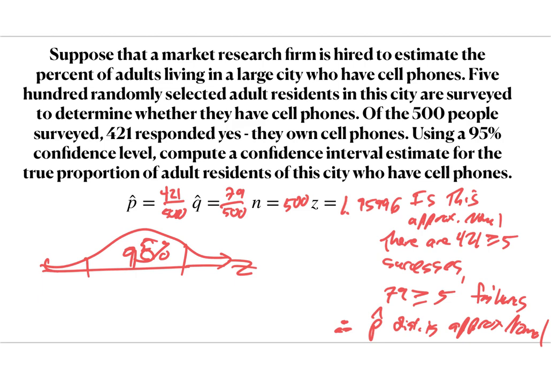And how we're going to use that? Oh, this formula. P hat plus or minus z, because we said it's a normal curve, times the standard error of p hat, which is pq over n square rooted.